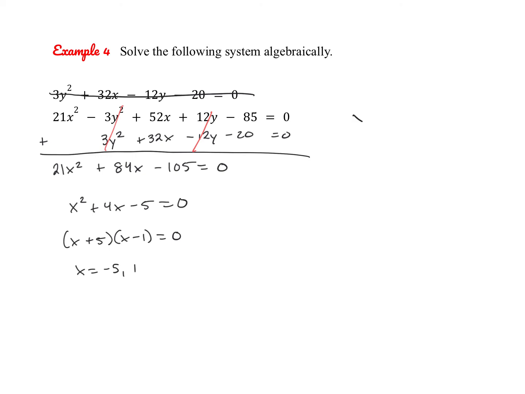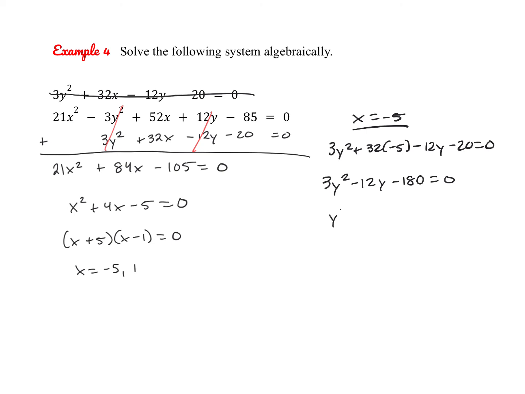So let's start by substituting x equals -5. So we have 3y squared plus 32 times -5 minus 12y minus 20 equals 0. So here you see that we actually have a quadratic equation. So let's simplify it. And then I'm going to divide both sides by 3 just to simplify our quadratic a little bit more.